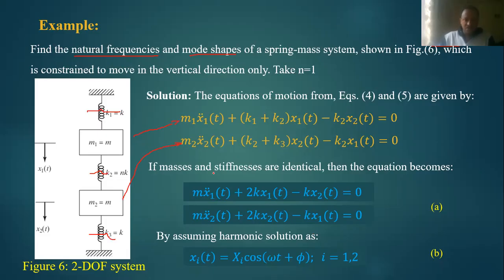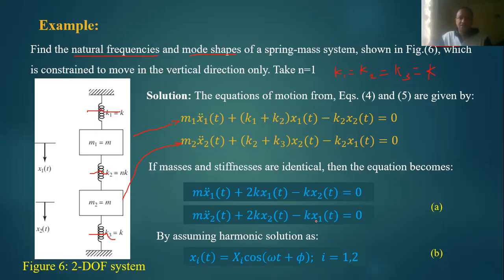And this equation in numeric values, because k1, k2, k3 are all the same, means if k1 is equal to k2 is equal to k3 is equal to simply k, that means k1 plus k2 means 2k. k2 simply means k. Here k2 plus k3, 2k.